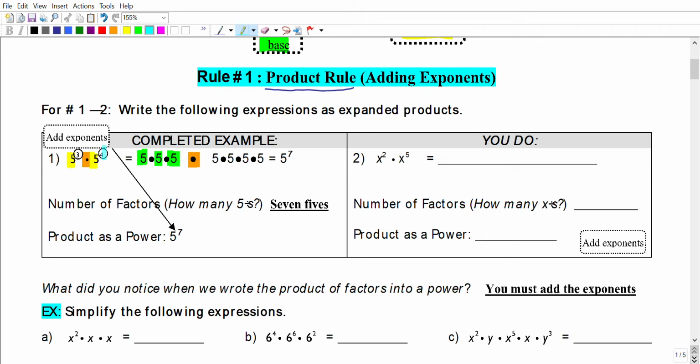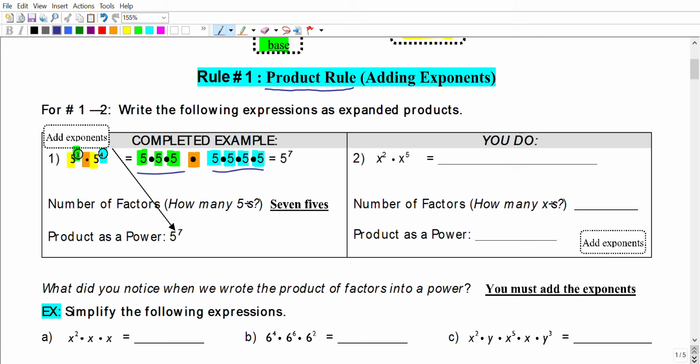The exponent of 4 just means I'm going to have 1, 2, 3, 4 5s. So to be clear, 5 to the third means I have 3 5s, and 5 to the fourth means I have 4 5s.